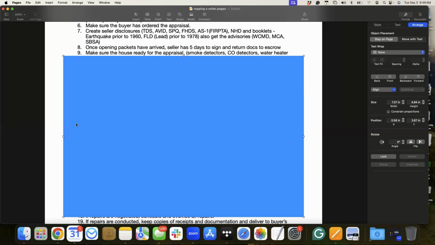So you have an agent opening packet for both agents, an opening packet for the seller, and an opening packet for the buyer. What's really the most important thing in there is the escrow instructions. The escrow instructions tell you the process of the transaction, when the acceptance date was, when the close date is, and any of the things that are going to happen.